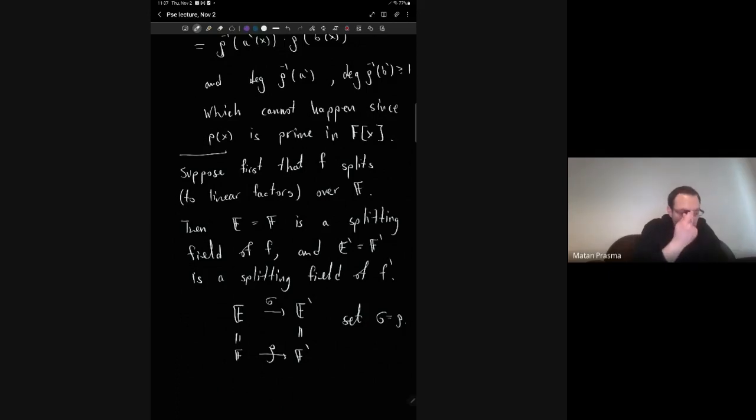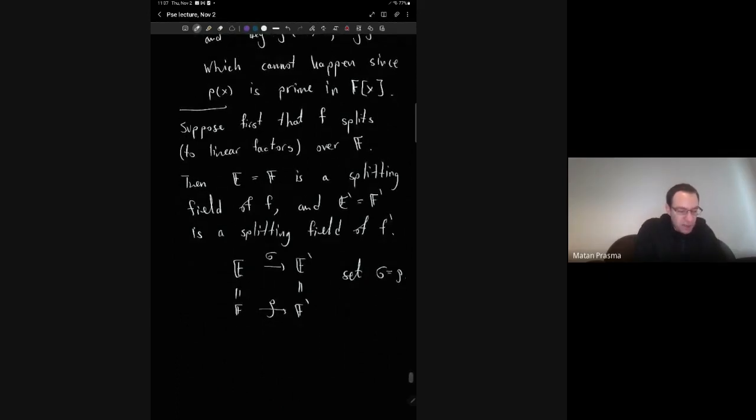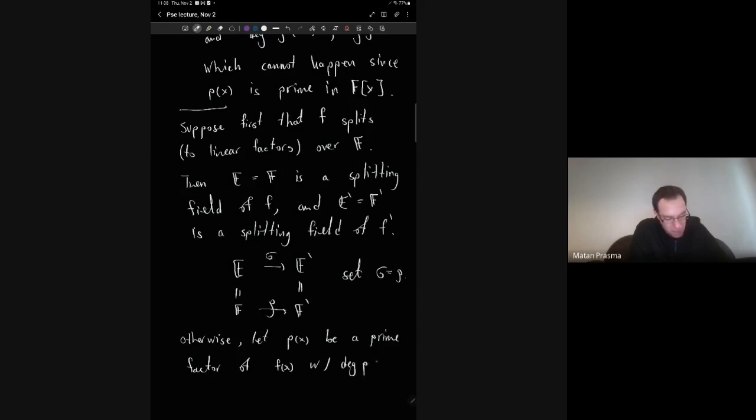Okay. This is if the original polynomial f splits over the original field capital F. And otherwise, let Px be a prime factor of f of x, with, of course, degree bigger than 1.